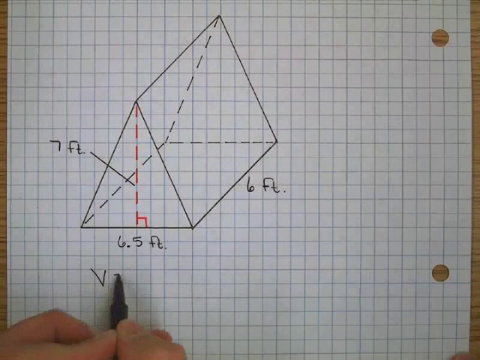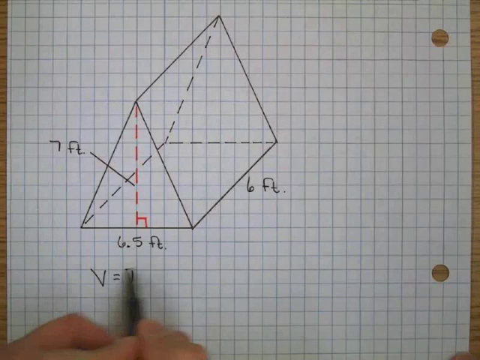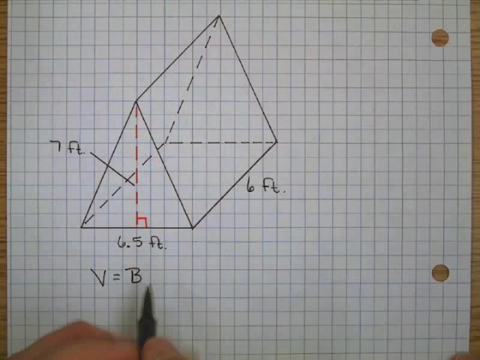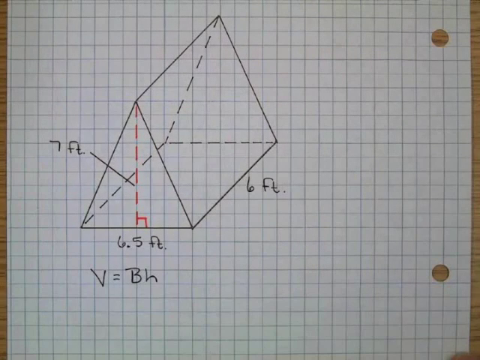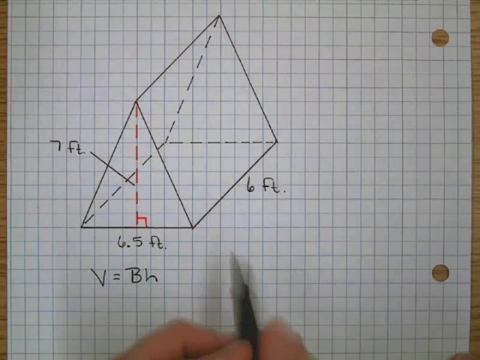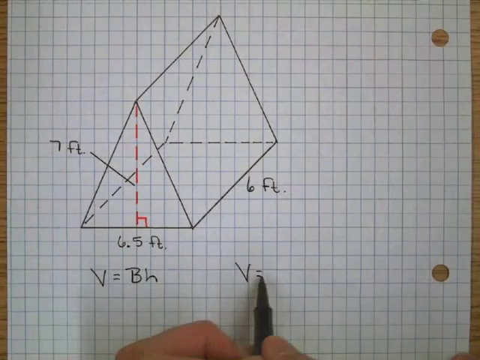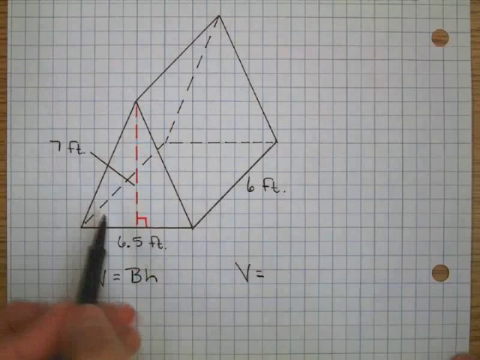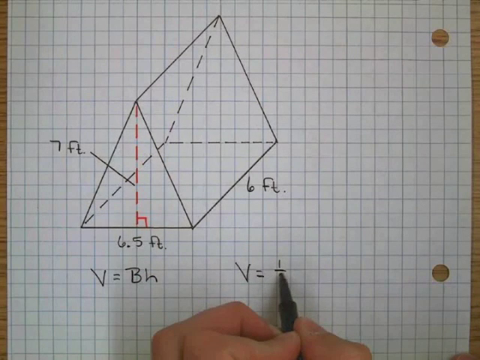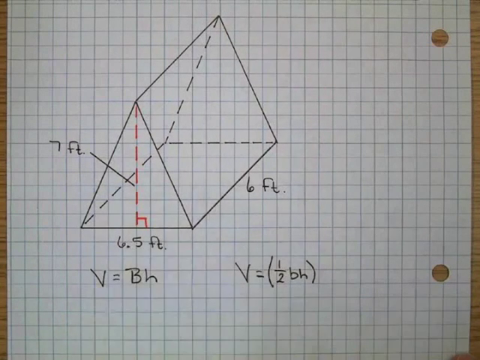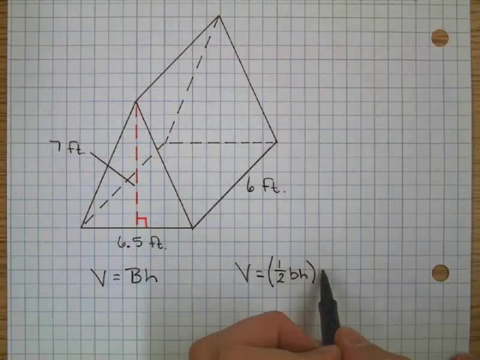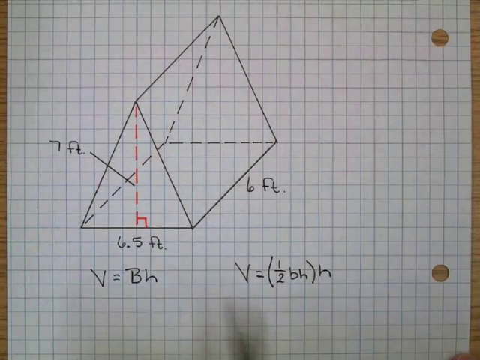So our volume again is the base, big B, whatever that base is, in this case a triangle, multiplied by the height of the prism. Since it happens to be a triangle, we're going to find 1/2 little base times little height, and then multiply that whole thing by the height of the prism.